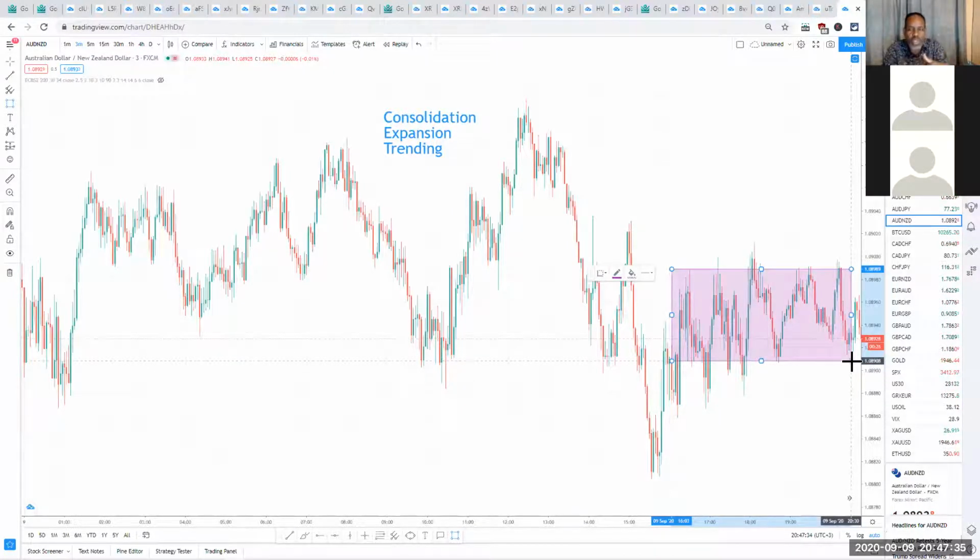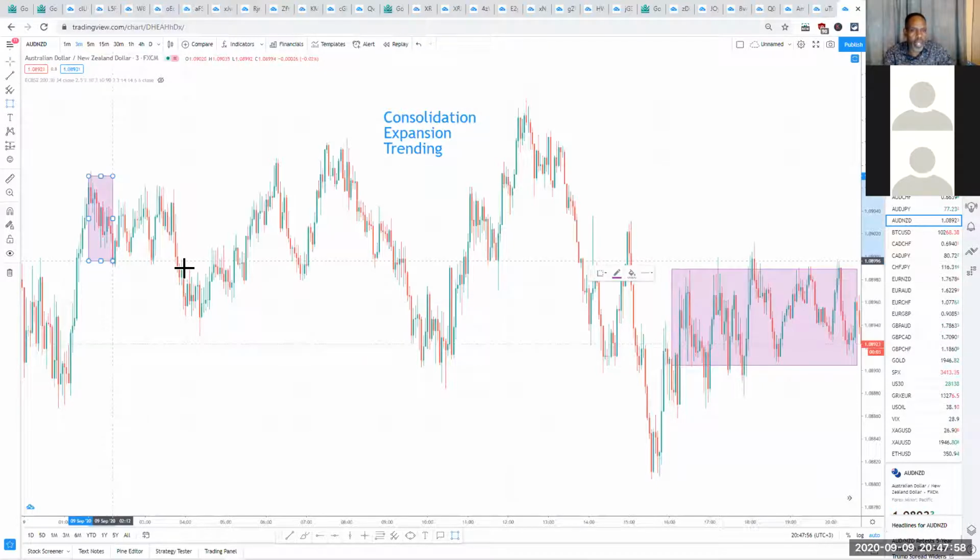Okay, why is it a consolidation area? Because the price keeps on just oscillating between two different places. All right, it is going up here and coming back down here and so on. All right. And you can identify different other places that that happens. All right, here, okay, that's also another area of consolidation.